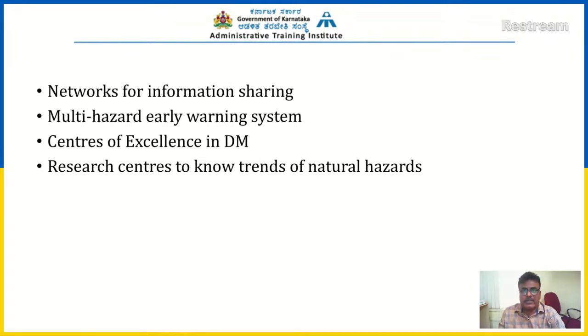All of that has been installed now under the network. Information is immediately given to the concerned authorities so that they will activate their teams. So that is how it is done now. Multi-hazard early warning system is already in place in Karnataka and everywhere now.